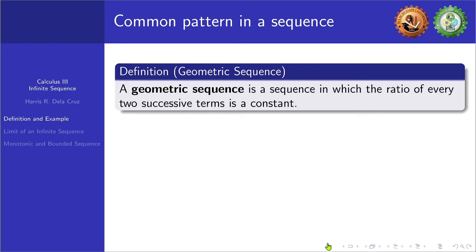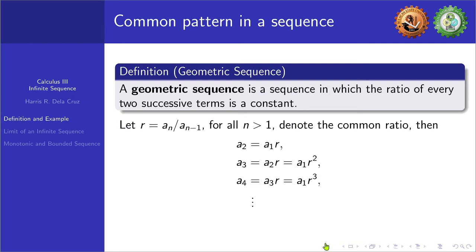Another typical pattern in a sequence is geometric. A geometric sequence is a sequence in which the ratio of every two successive terms is a constant. So that means if we divide the two successive terms A sub n and A sub n minus 1, we get a common ratio.